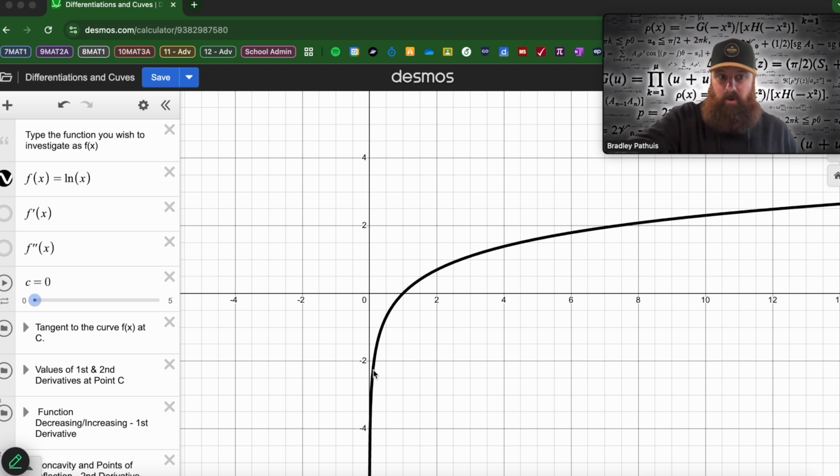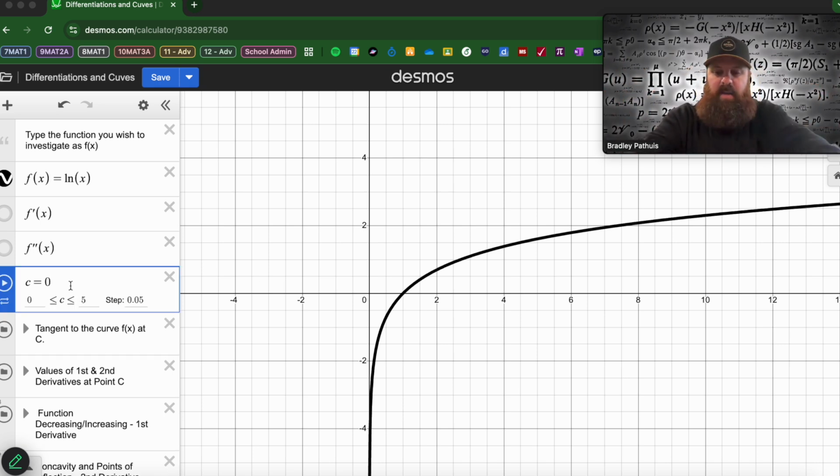You can see when I got to 0 on the left-hand side, the tangent line disappeared. It didn't exist. The second I get very close, just past 0, that purple dotted line is very faint, but it's appeared back on the screen. So at x equals 0, the derivative doesn't exist because the tangent doesn't exist at 0.